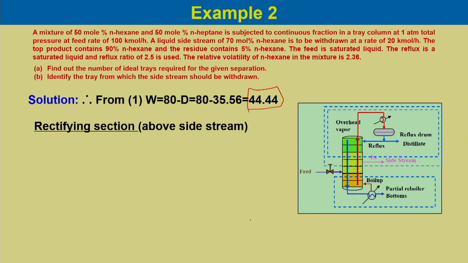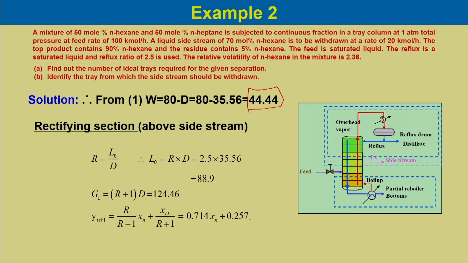So, for the rectifying section above the side stream, we can obtain the operating line equation. Reflux ratio is L0 by D. So, L0 would be R into D, which is 2.5 into 35.56 distillate, so L0 is 88.9 kilomole per hour.